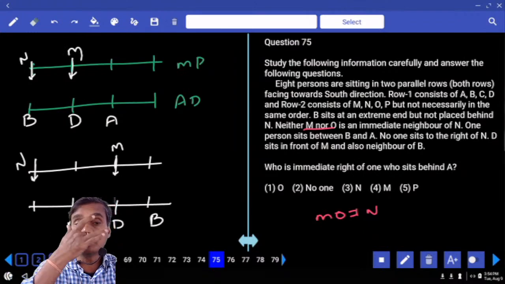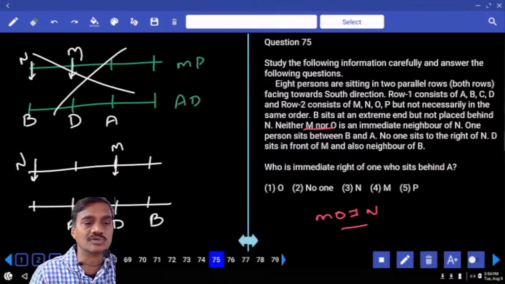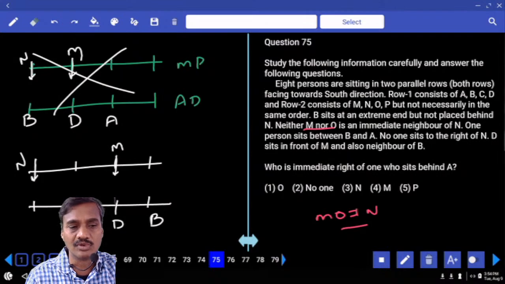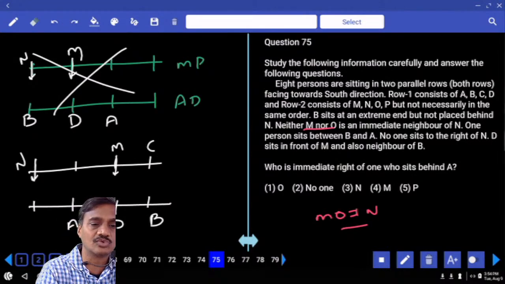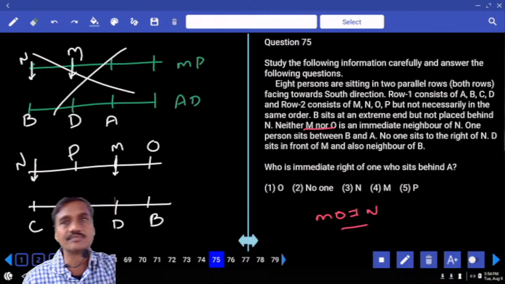But M and O are not adjacent to N, so here M and N are adjacent, which is ruled out. Hence O cannot be here, O is here. If O is here, who is the person left? P is the person, and C is the person.